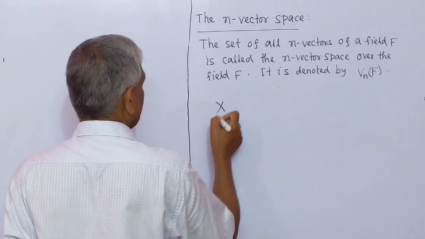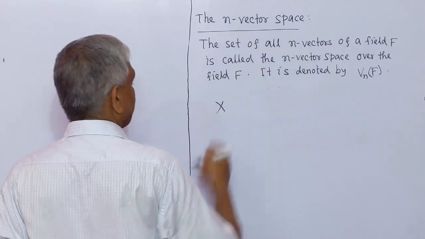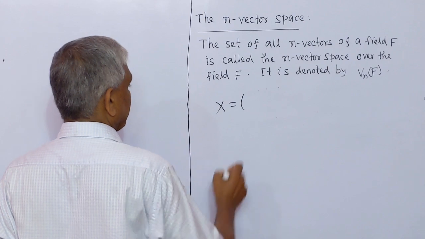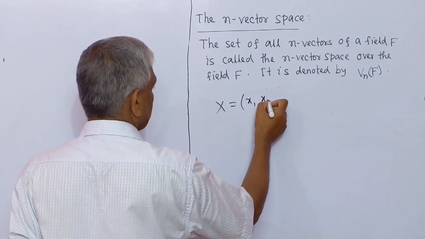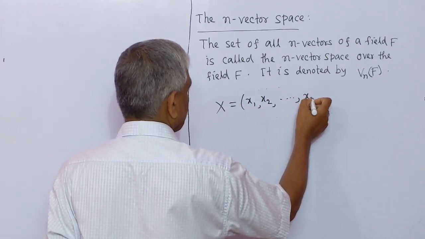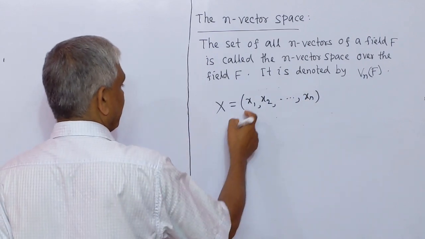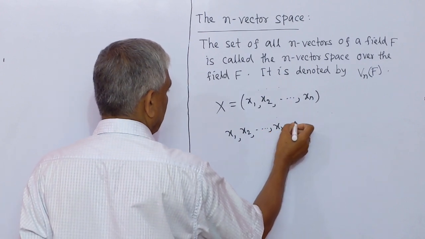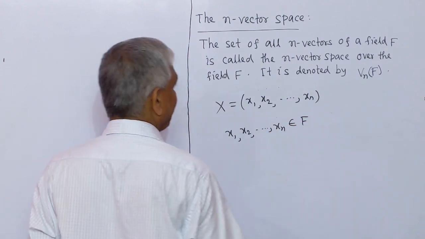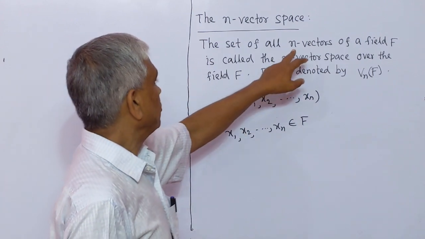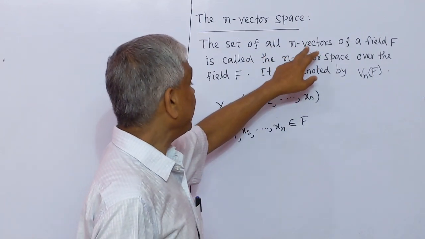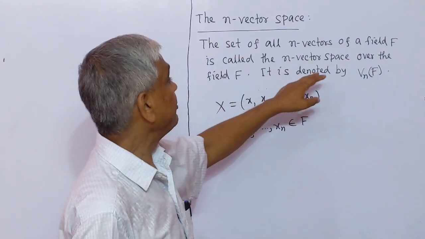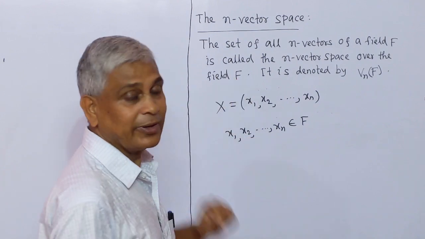Let X be an element of n vector space, then X is expressed as x1, x2, dot dot dot, xn. The x1, x2, dot dot dot, xn all are elements of the field F. So here we have mentioned that the set of all n vectors of a field F is called n vector space over the field F.